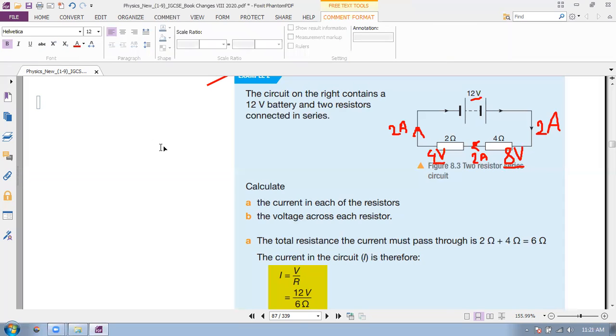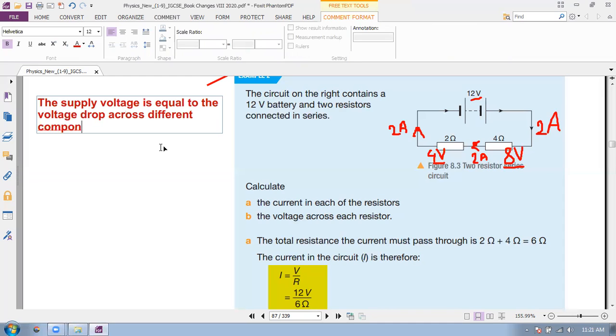So I can write it here: supply voltage is equal to the voltage drop across different components in a series circuit.